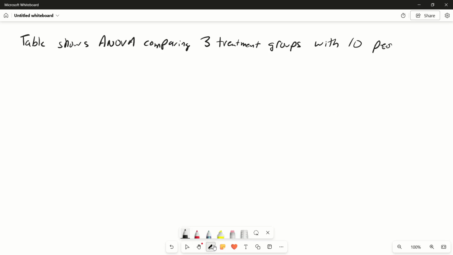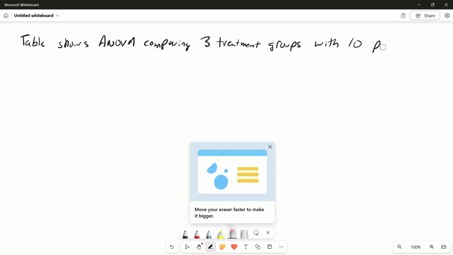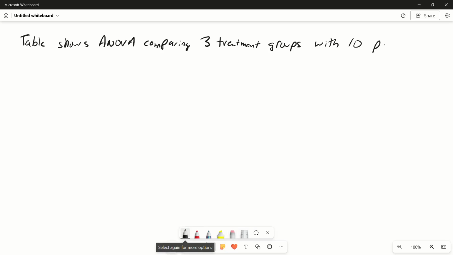We're going to fix this. So there's 3 treatment groups, there's 10 people in each treatment group, so a total of 30 people.